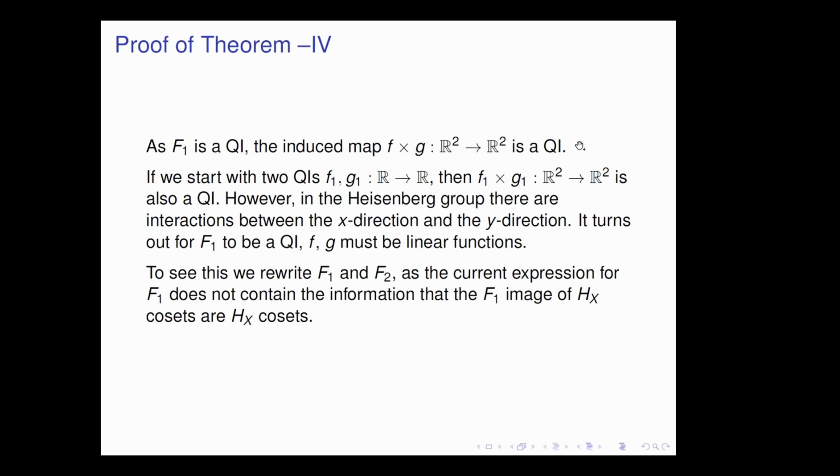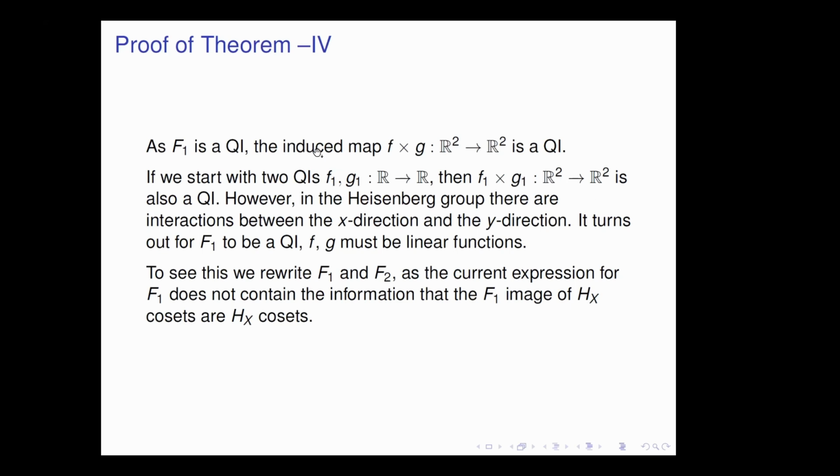So you want to talk about rigidity here. In general, if you start with two quasi-isometries of the line, f1, g1, then the product map is also a quasi-isometry. So there are lots of quasi-isometries of the line, and that gives you lots of quasi-isometries of R2.